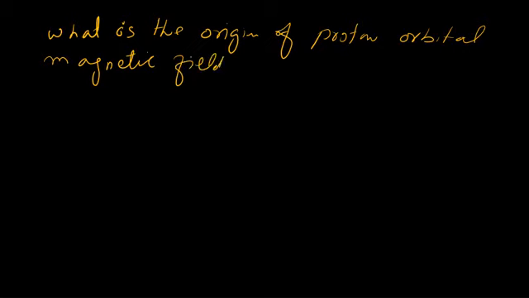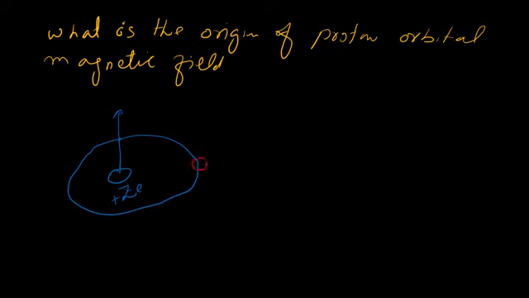In order to understand the proton magnetic field, we can explain it classically. First, let's suppose we consider the proton, of charge plus Ze, and the electron moving in a circular orbit around the positively charged proton.